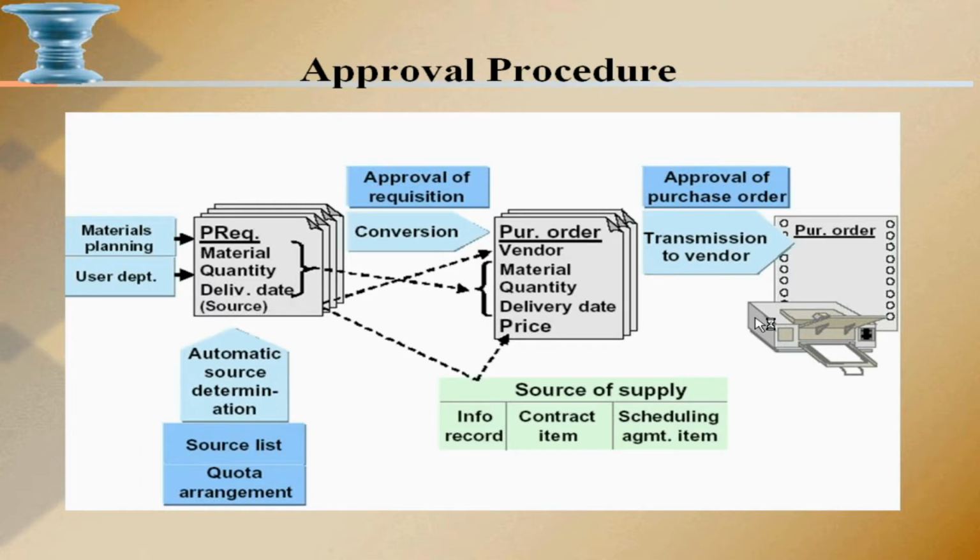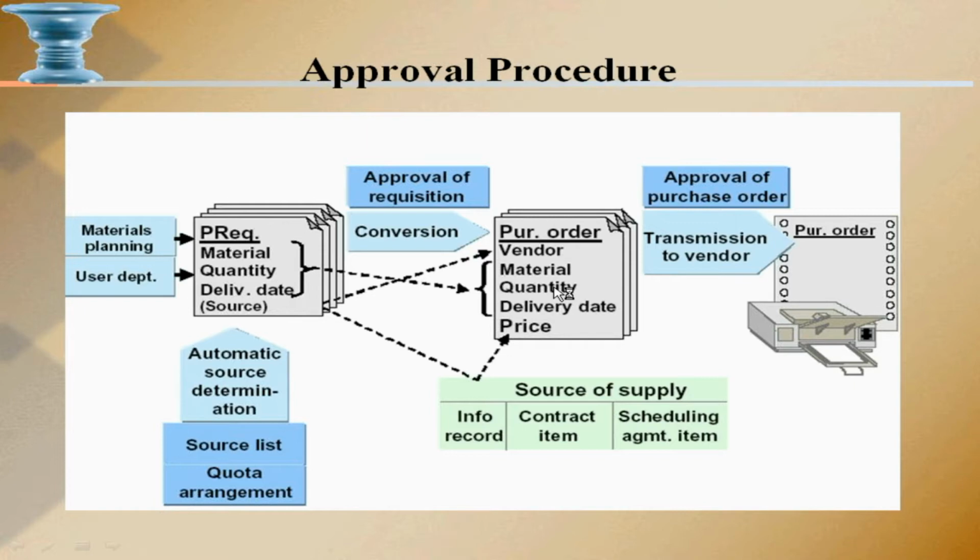When you set up the release procedure on the documents, unless you complete that activity, you will not be able to carry out the subsequent steps. For example, if you set up a release procedure on the purchase requisition, unless the approval is completed, you will not be able to convert it into a purchase order.